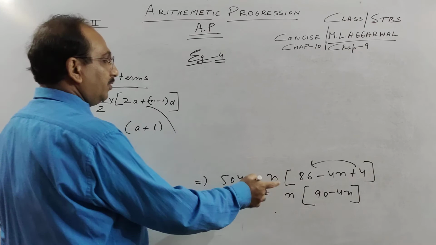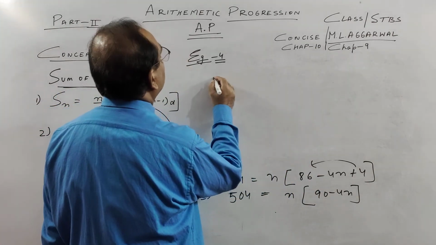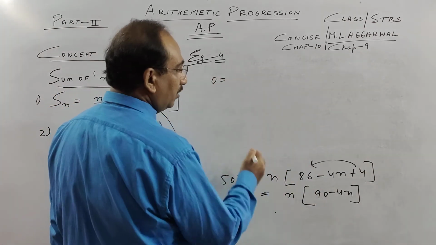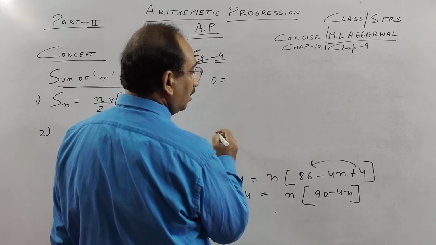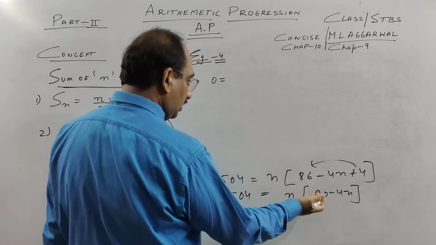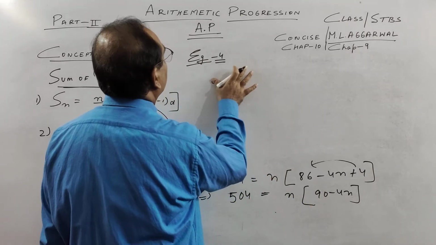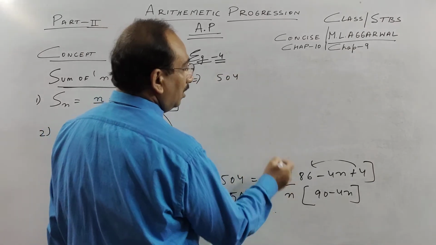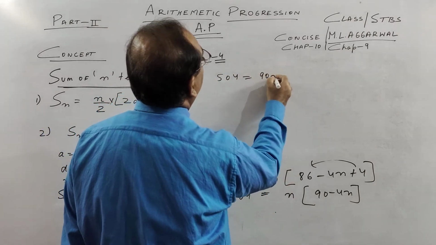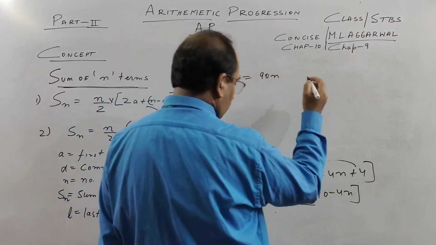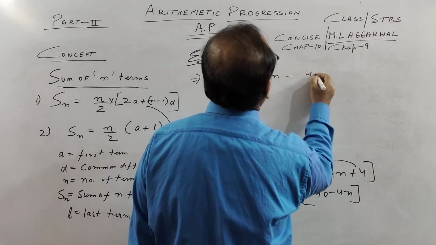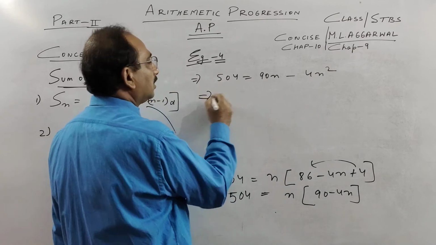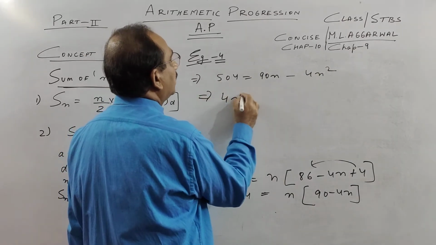So we have, children, let this side be 0, so that will go that side. No, this minus will come this side. So 504 is equal to 90n minus 4n square. This is quadratic, as I was telling you, children. Let the first term be positive, so bring that n square here.